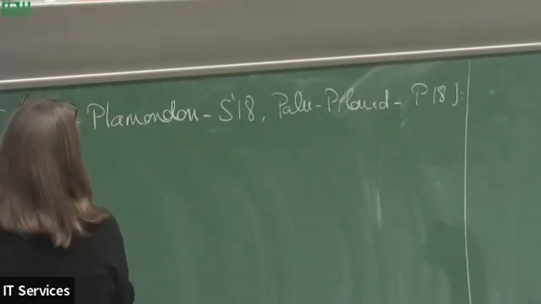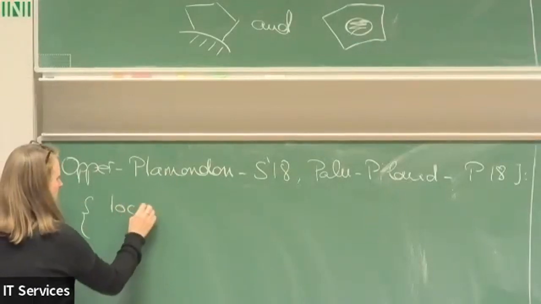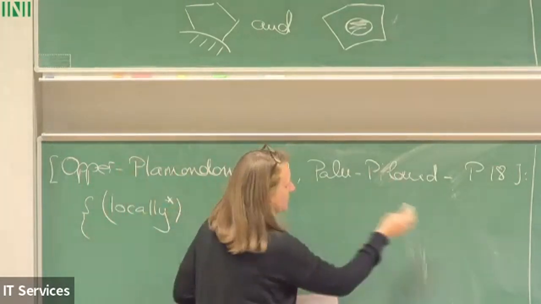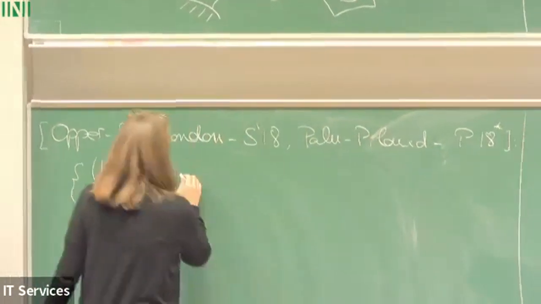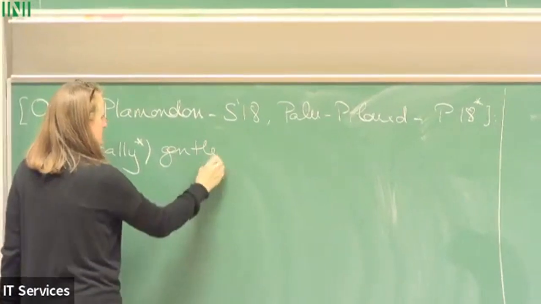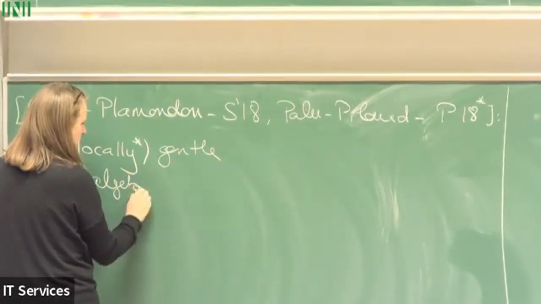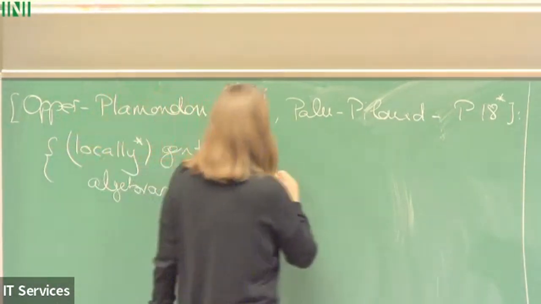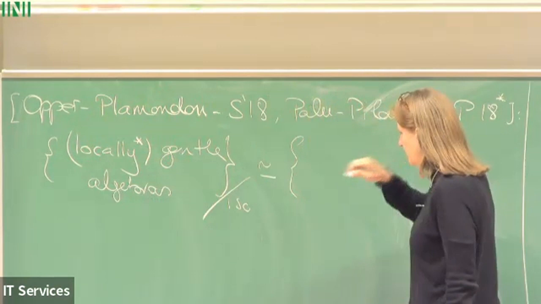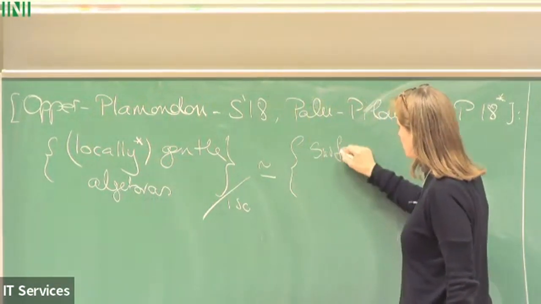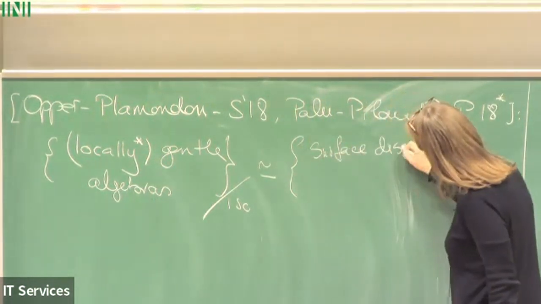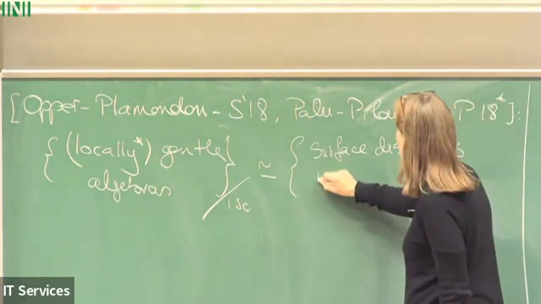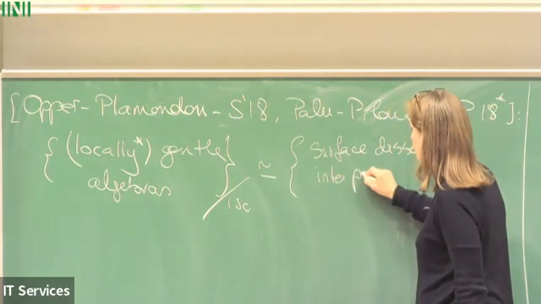That the set of locally Gentle algebras up to isomorphism are in bijection with surface dissections into polygons as above.